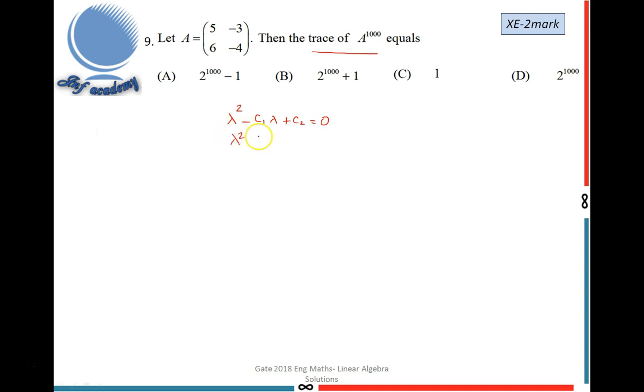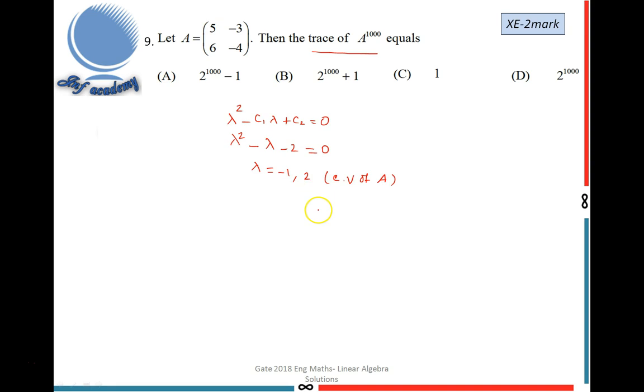Lambda square, C1 is sum of the principal diagonal elements, that is 5 minus 4 equals 1, so minus lambda. And C2 is determinant of A, minus 20 plus 18, that is finally I got minus 2, equal to 0. Solving this quadratic equation, we can get the eigenvalues, because the definition says the roots of the characteristic equation are called eigenvalues. So finally I got the eigenvalues of A as minus 1 comma 2.